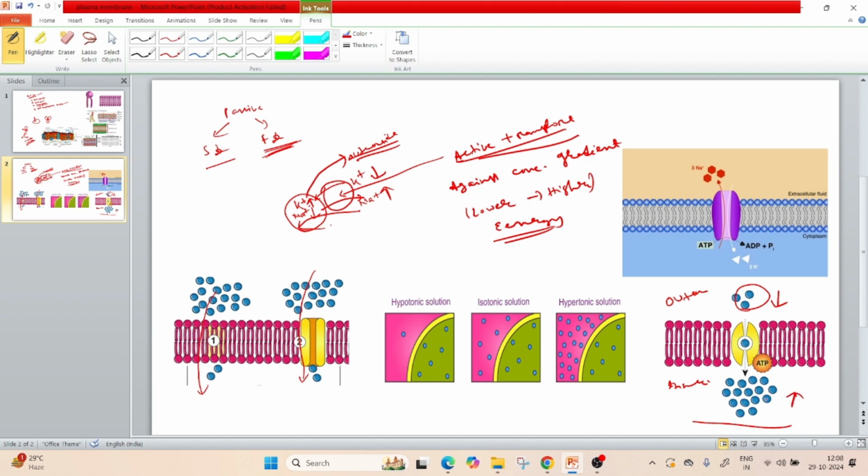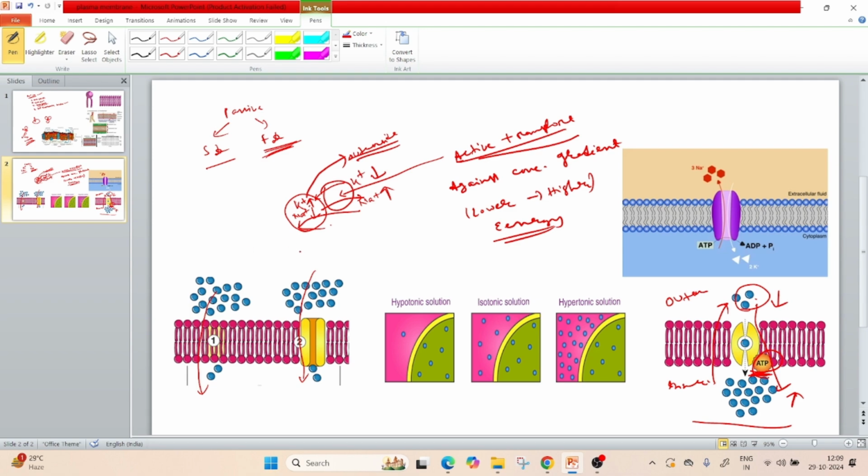So in the passive transport, it can easily pass from the inner to the outer, but it cannot pass from the outer to the inner. But if it wants to transport from the outer to the inner, or from the lower concentration to the higher concentration, it needs some energy. Here the energy is the ATP.